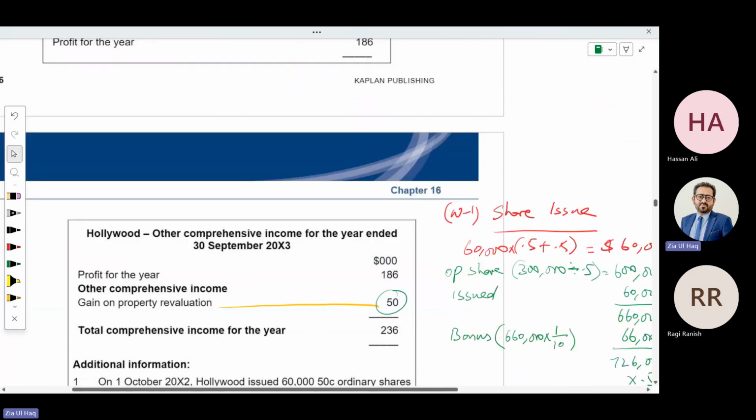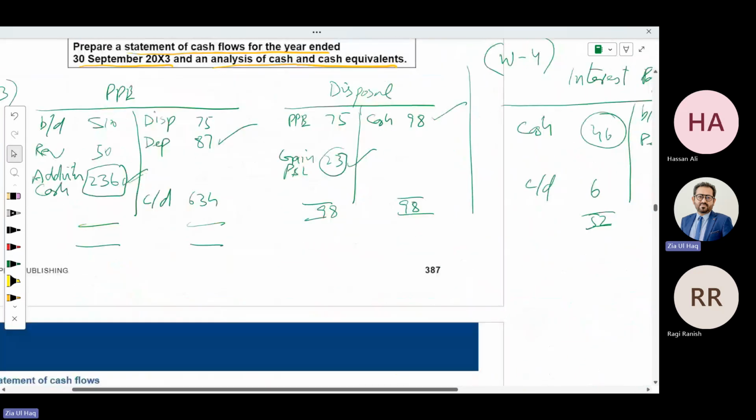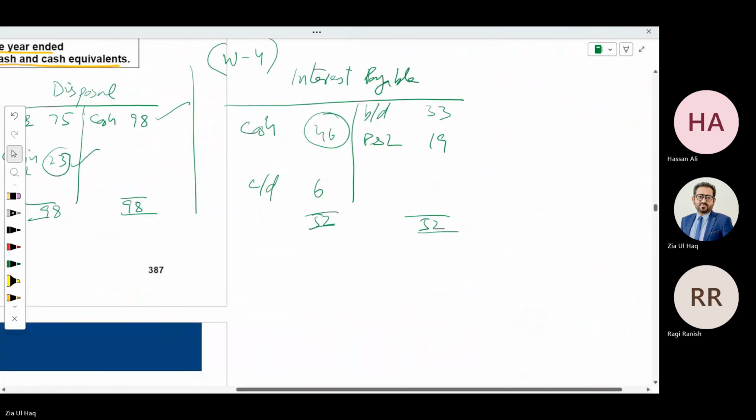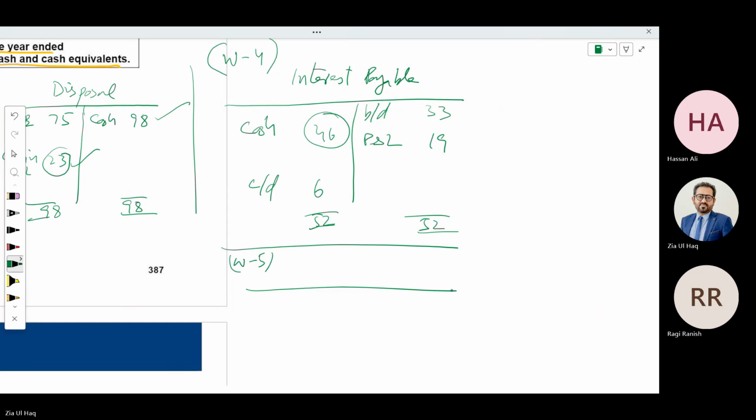Let's open the retained earnings account. Normally we record the opening balance on the credit side and the closing balance on the debit side.